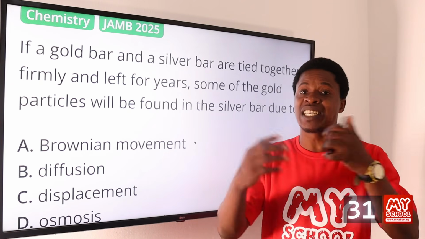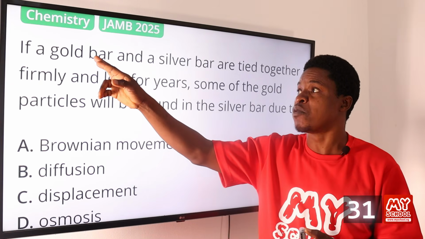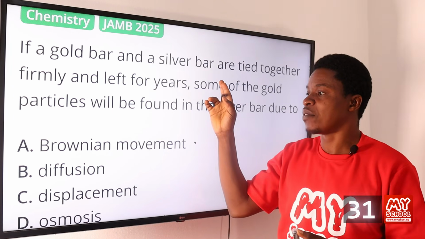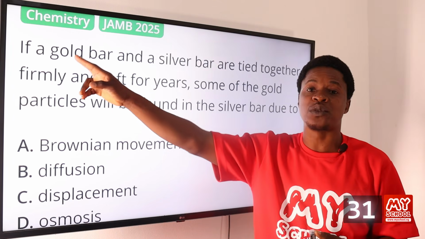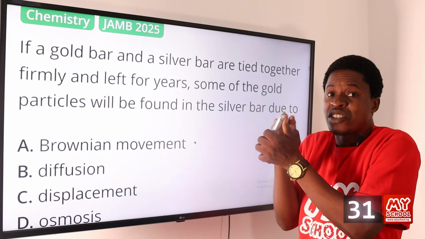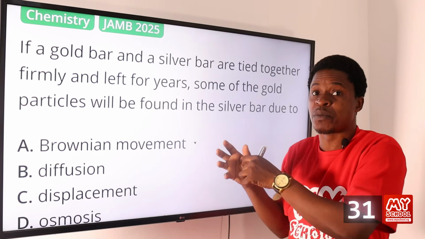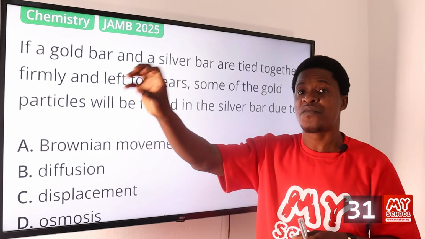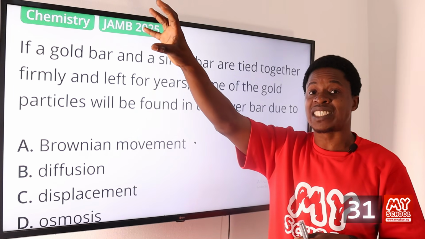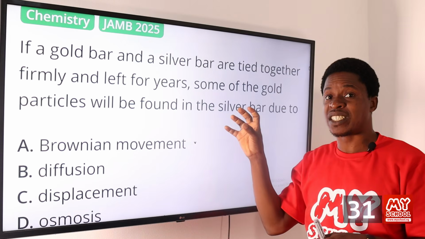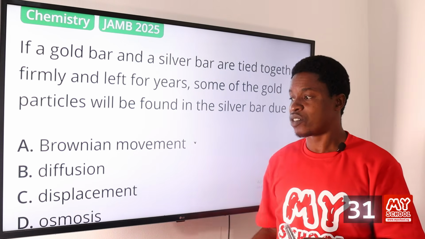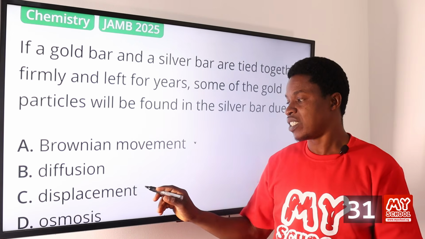Some of the particles have been formed here, but because it is not the entire gold that was found here, we have just some of it, it means that there has been a form of diffusion from the gold bar that is highly concentrated to the silver, which is less concentrated. So displacement also is eliminated.